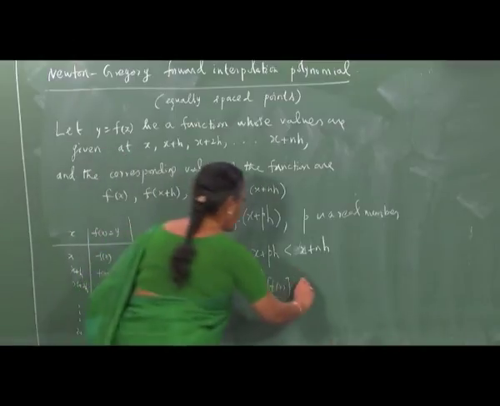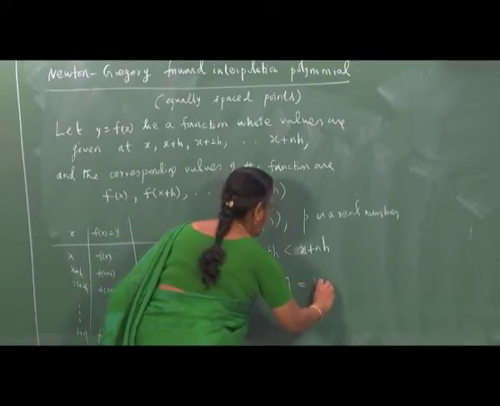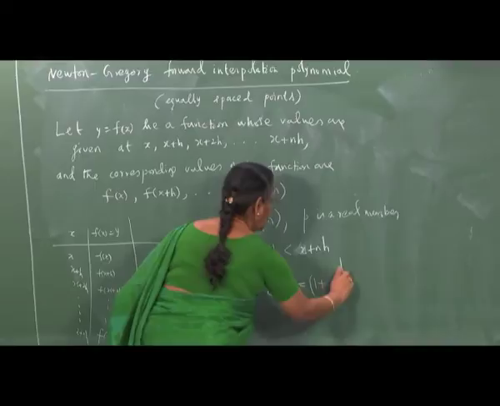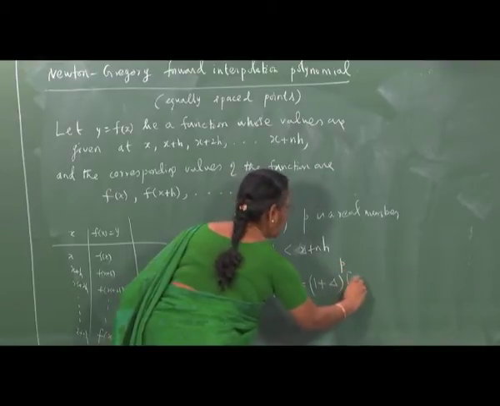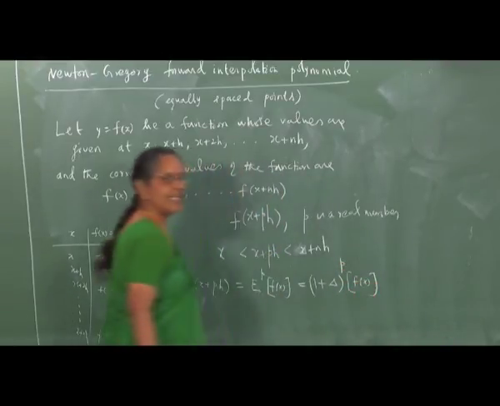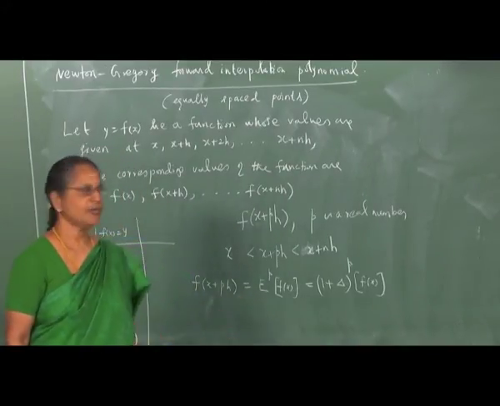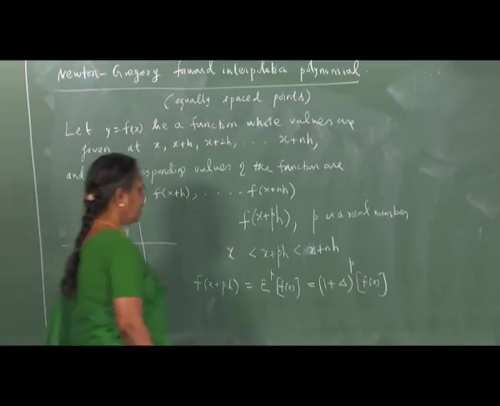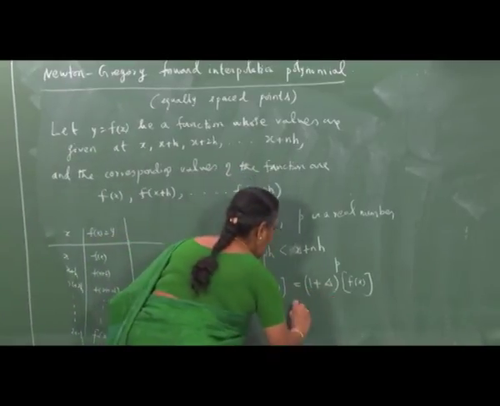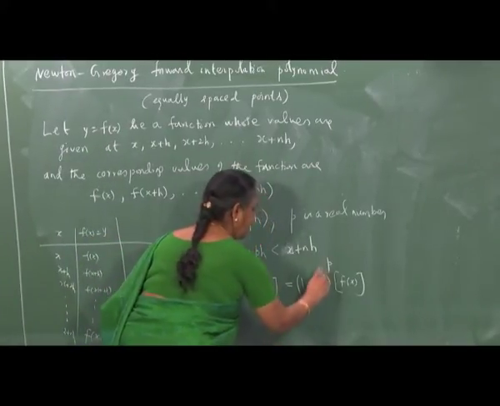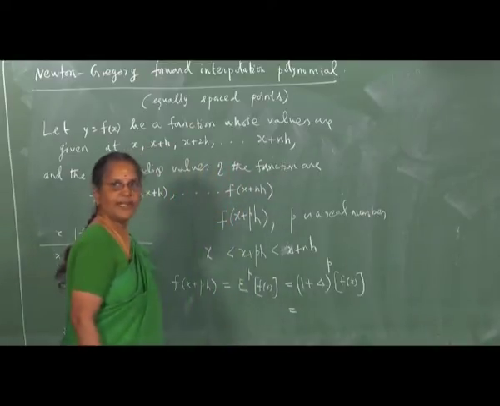But we know that E power p is 1 plus delta to the power of p on f of x, because E and the forward difference operator are related by E is equal to 1 plus delta. So, at this stage I can expand 1 plus delta power p using the binomial theorem.